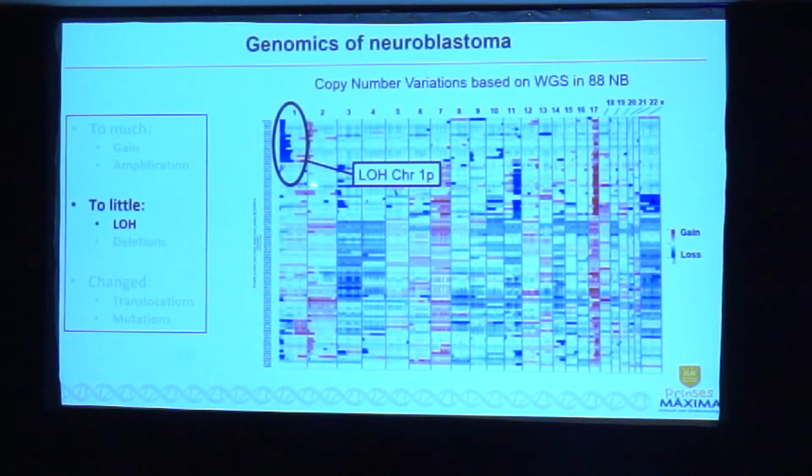We know the chromosome 1p deletions, which occur most frequently together with amplification of NMYC. The 11q deletion is associated with poor prognosis.